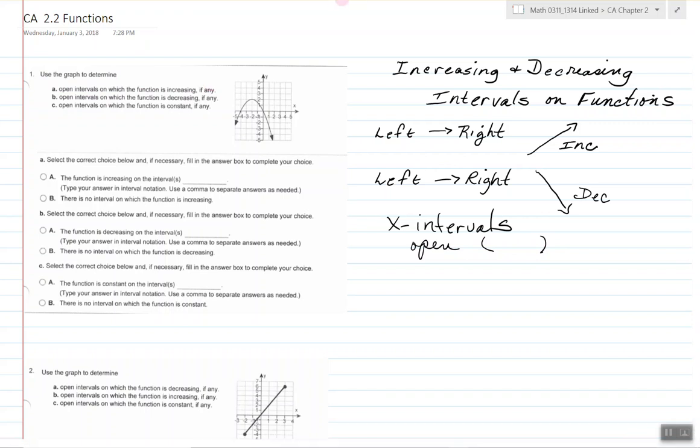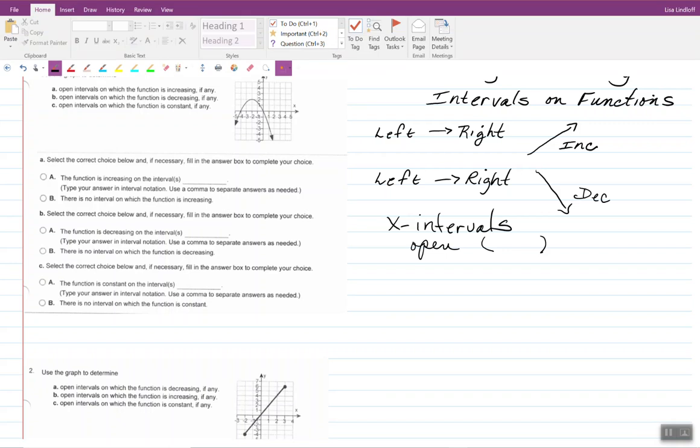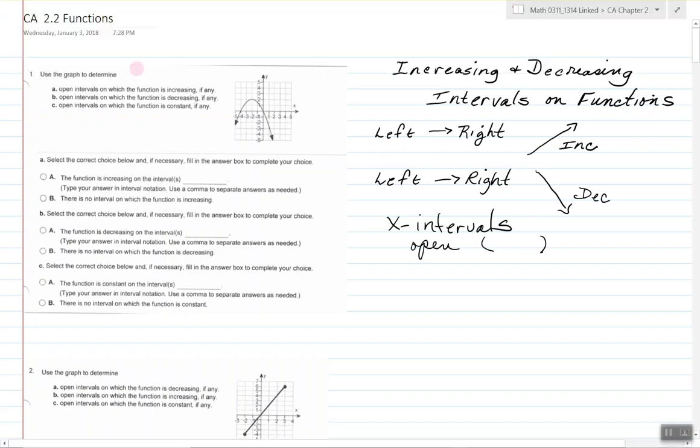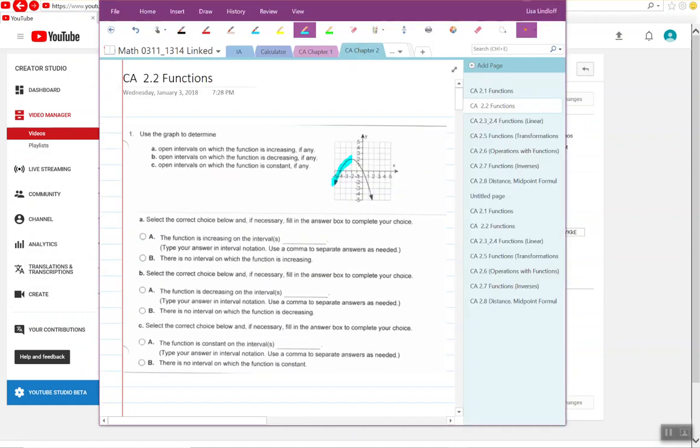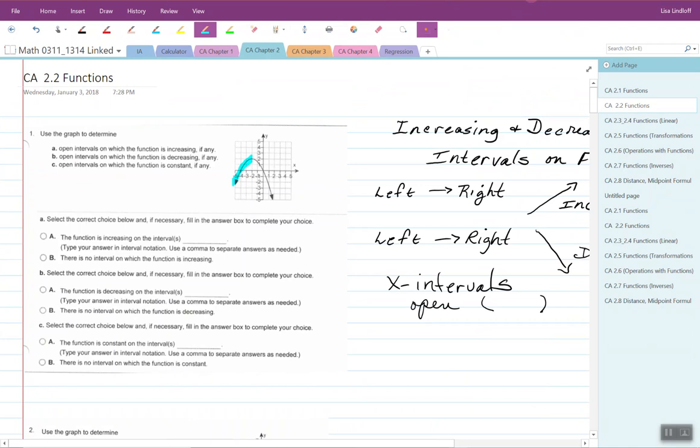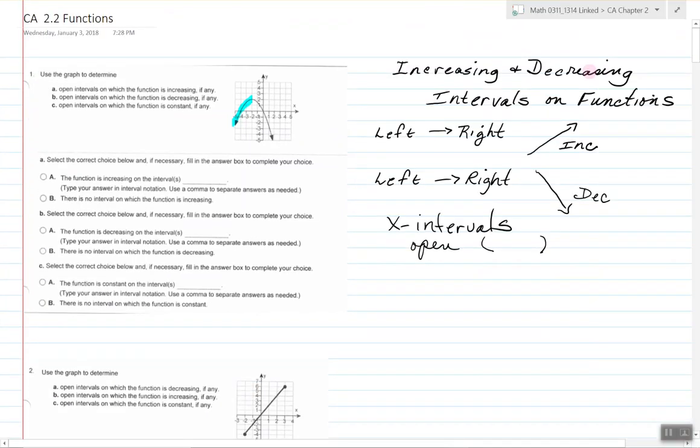So looking at this graph from left to right, you can see that it is increasing. So we need to now see what the x's are.